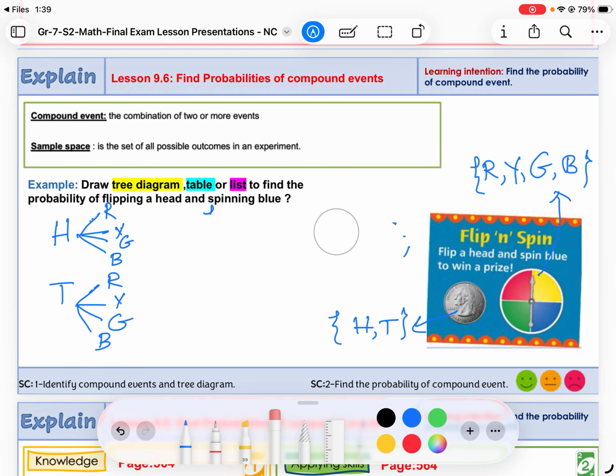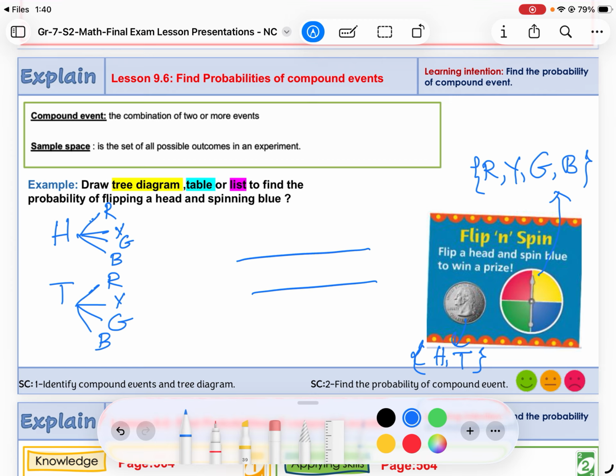And the final one, it's the table. I'm gonna remove this. Okay, I'll write it here. Head and tail. Okay, the table, how you're gonna do it. First of all, identify which one you wanna start with. For the table, you basically need rows and columns.